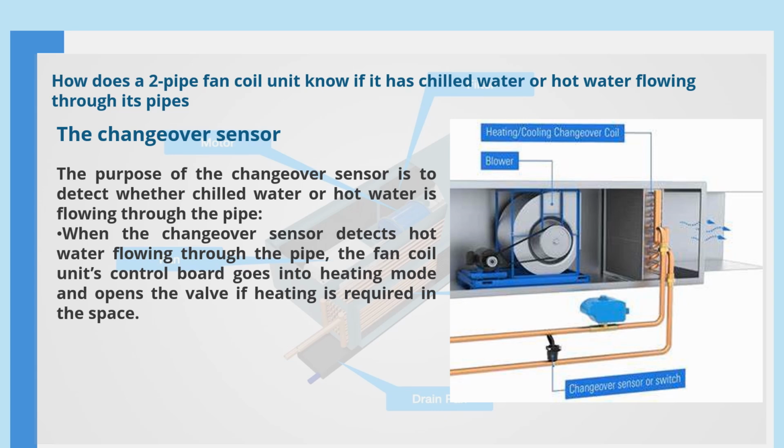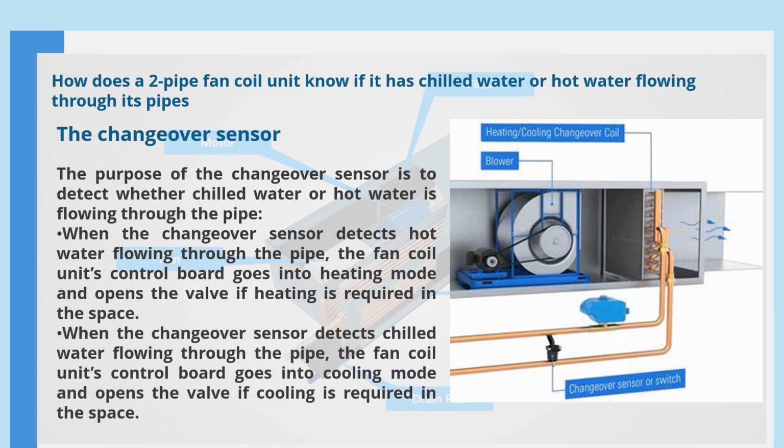When the changeover sensor detects hot water flowing through the pipe, the fan-coil unit control board goes into heating mode and opens the valve if heating is required in the space. When the changeover sensor detects chilled water flowing through the pipe, the fan-coil unit control board goes into cooling mode and opens the valve if cooling is required in the space.